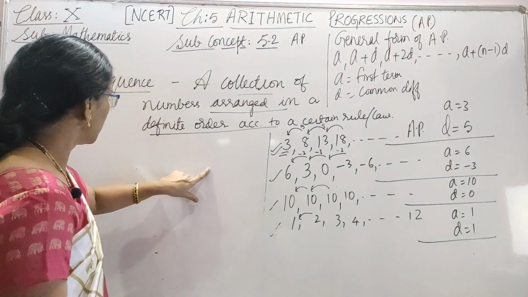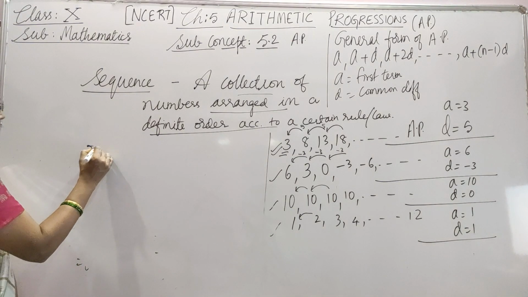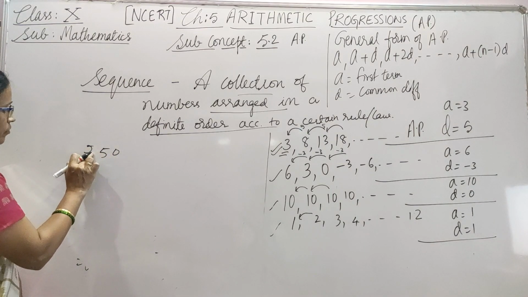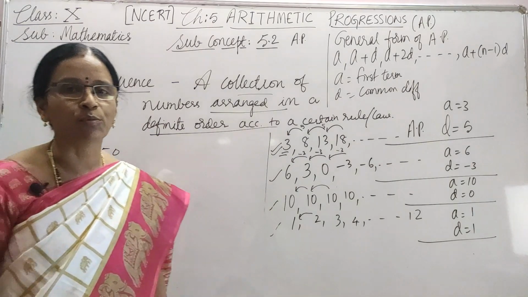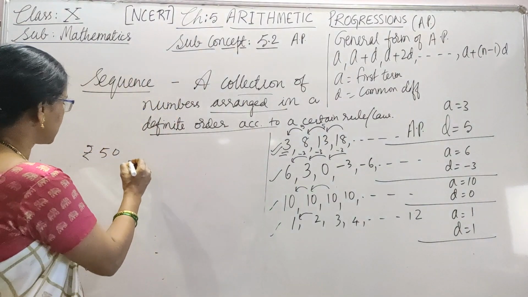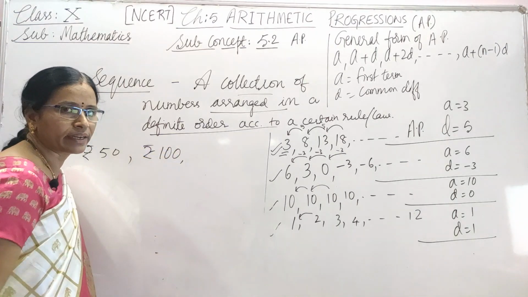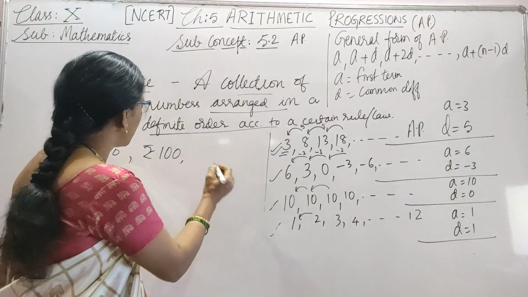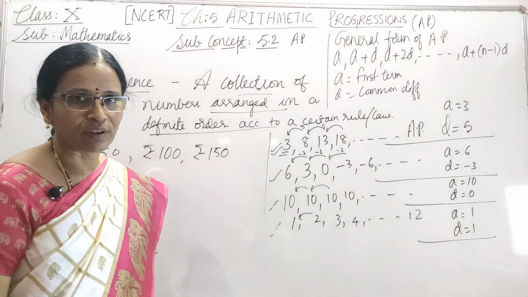Okay. So now in the beginning I'll give rupees 50 to my child as pocket money. Next I'll increase it to rupees 100 in the next month, and again I'll increase it in the next month, that is 150.